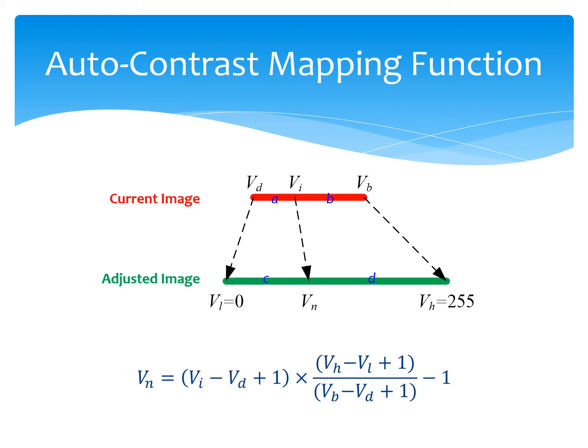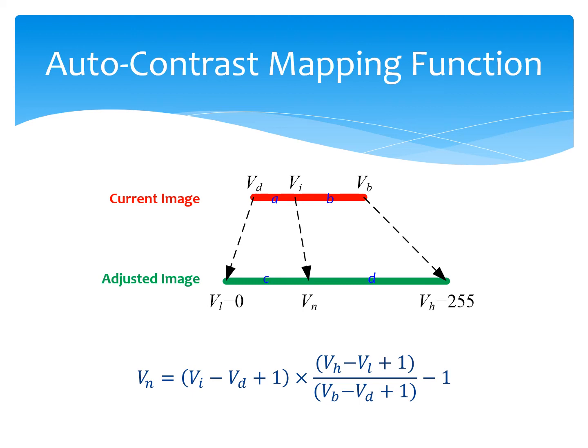You may consider the red line is an elastic band where Vd and Vb are both ends. Vi can be any point on the elastic band. Assume you pull the elastic band toward both ends. The elastic band will be proportionally stretched as shown in green. The original Vi in red will be the Vn in green.